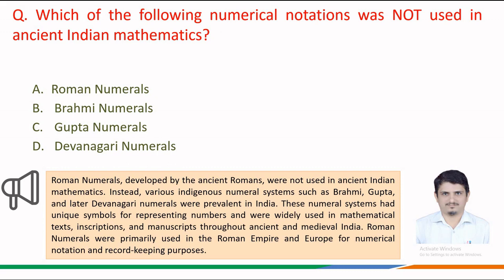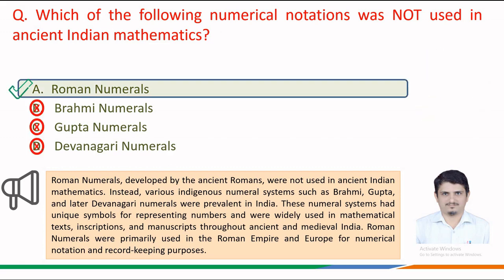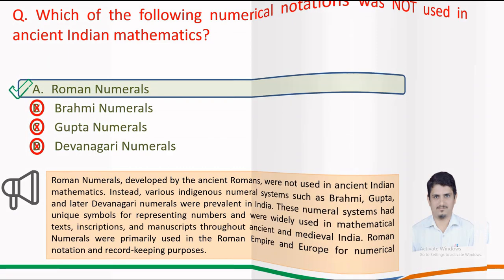These numeral systems had unique symbols for representing numbers and were widely used in mathematical texts, inscriptions and manuscripts throughout ancient and medieval India. Roman numerals were primarily used in the Roman Empire and Europe for numerical notations and record keeping purposes. The correct answer of this question will be A, Roman numerals.